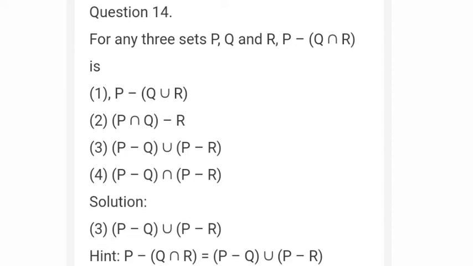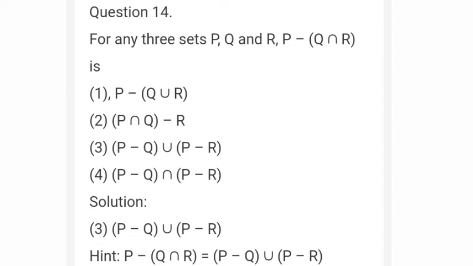For sets P, Q, R, P difference Q intersection R equal to P difference Q union P difference R. That is option 3. The answer is P difference Q union P difference R. Okay.